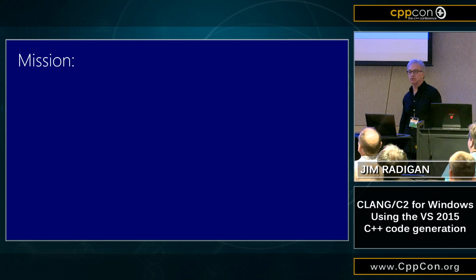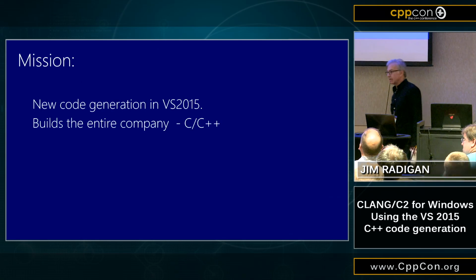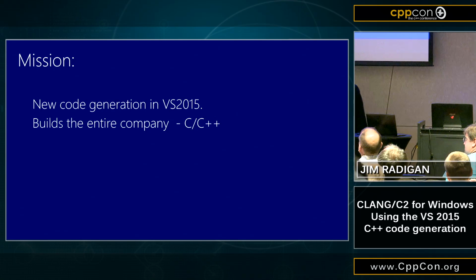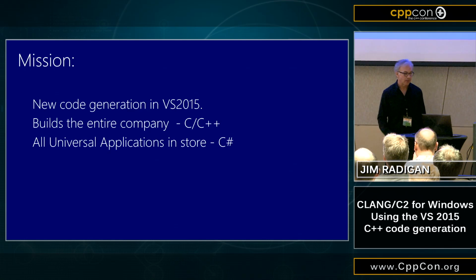So the mission for the talk is, I'm going to go into details about the new code generation in 2015. Then I'm going to talk about how we use it to build the entire company. And then I'm going to talk about how it is also used for building all the universal applications for C#.